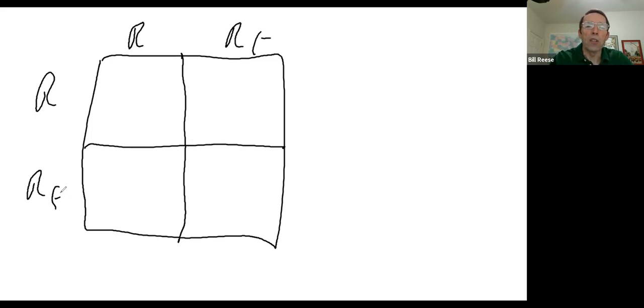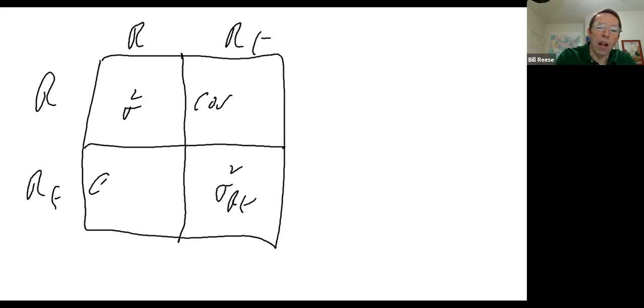In this upper left-hand cell, I want the variance of the risky asset. In my bottom right-hand cell, I want the variance of the risk-free asset. In my upper right-hand cell, I want the covariance between the risky asset and the risk-free asset. And the bottom left-hand cell, I want the covariance between the risky and the risk-free asset.